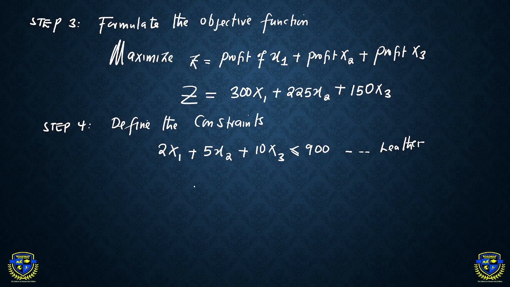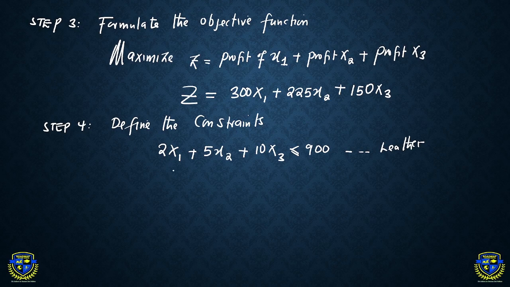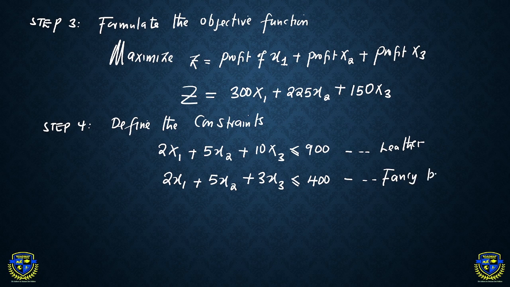Okay. Then next, we have got fancy buckles, which is 2, 5, and 3 should be less than or equal to 400 there. So I'm going to say 2x sub 1 plus 5x sub 2 then plus 3x sub 3 is less than or equal to 400. Okay. This is for fancy buckles.